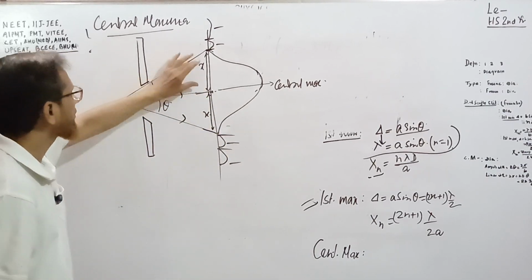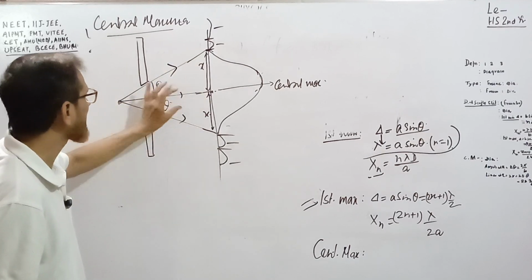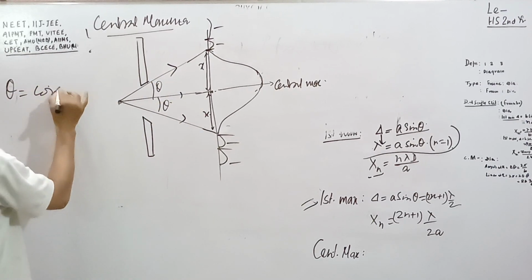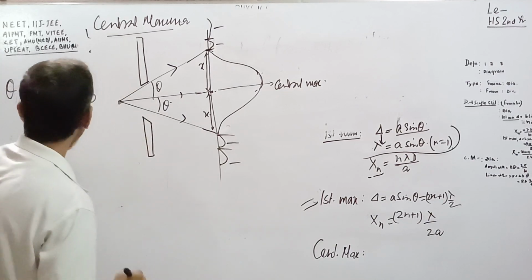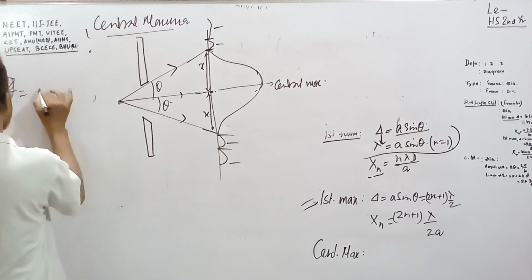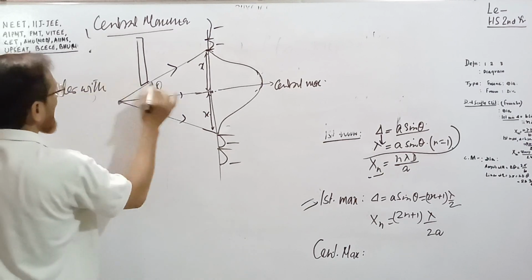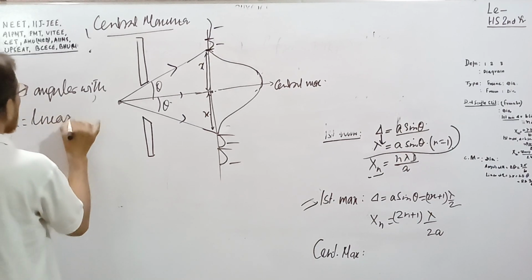Now it is separated. The distance between these two is x, and this is x, and this is theta, and this is theta, where theta is the angular width of the fringe, and x is the linear width.